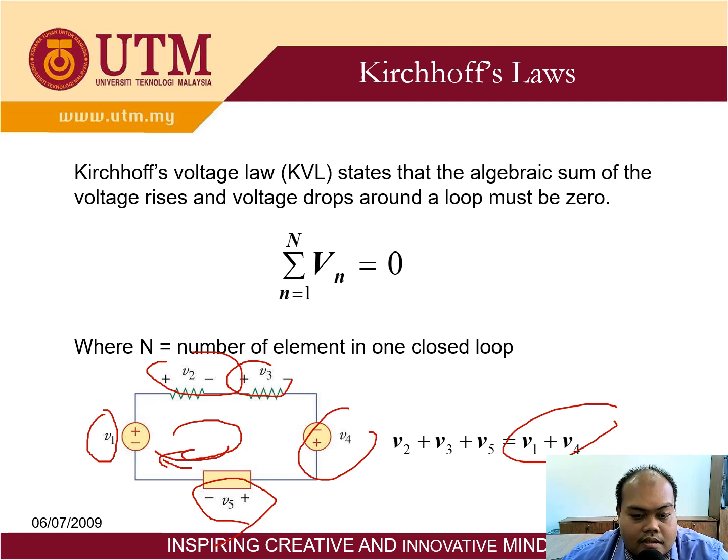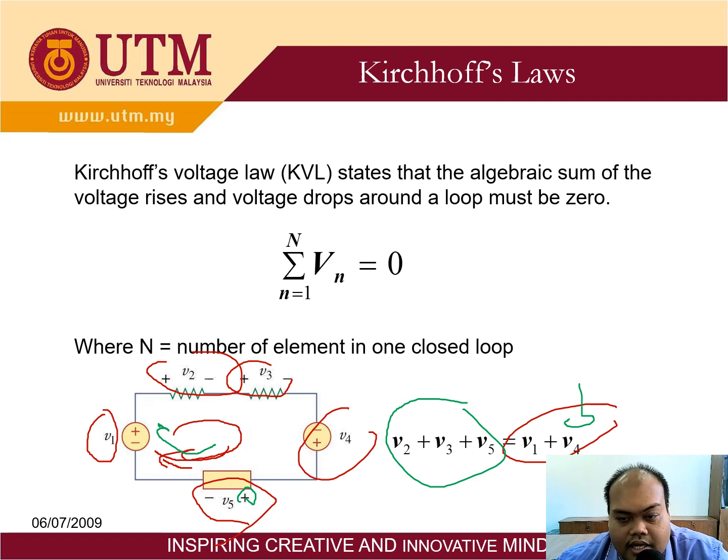When you do a loop here, it meets positive, positive, and this one positive. So all the points that meet at positive, you put on this side, and all points at negative, you put on the right hand side. Based on this, you get the equation.